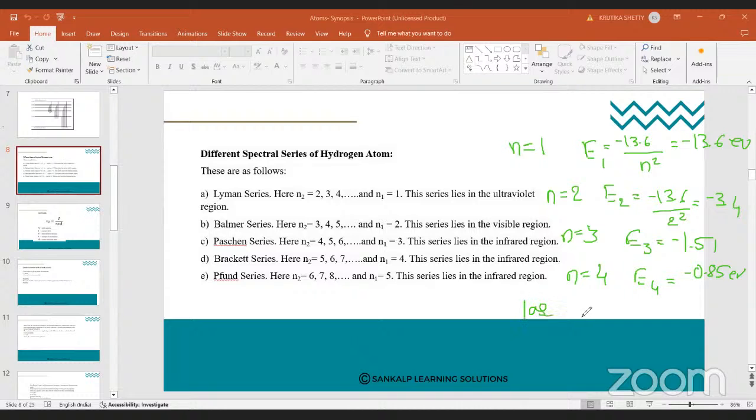So for the last excited state, can anyone tell me what is the value of n? If you know the n value, you can understand the value of energy.